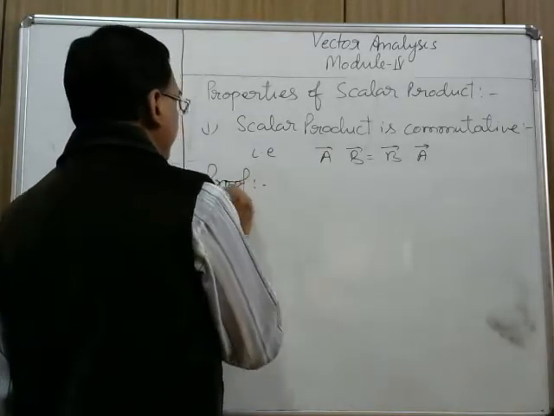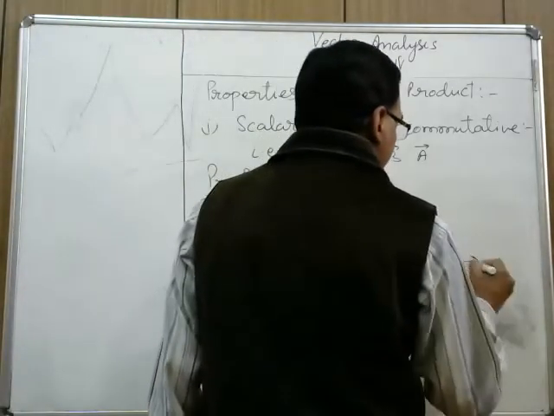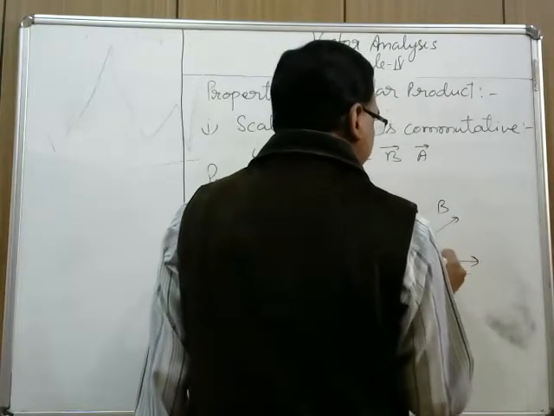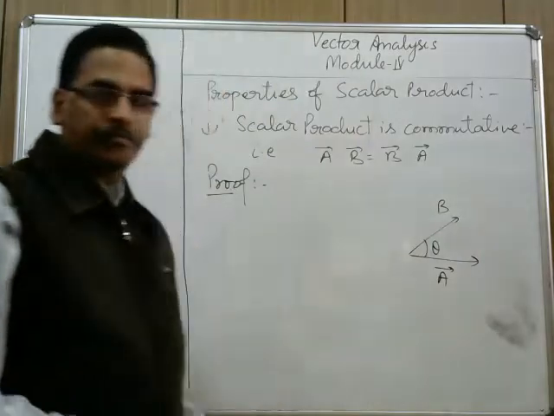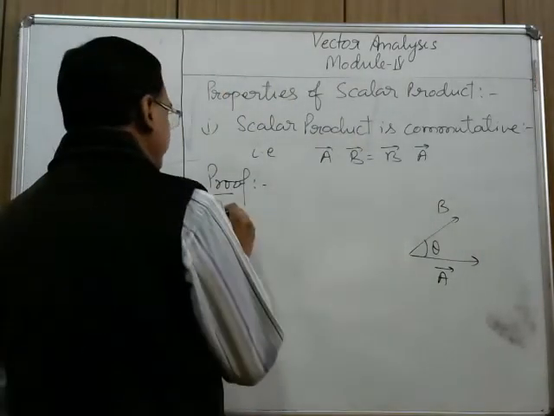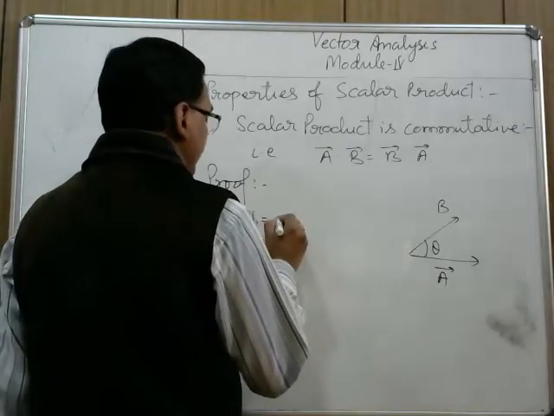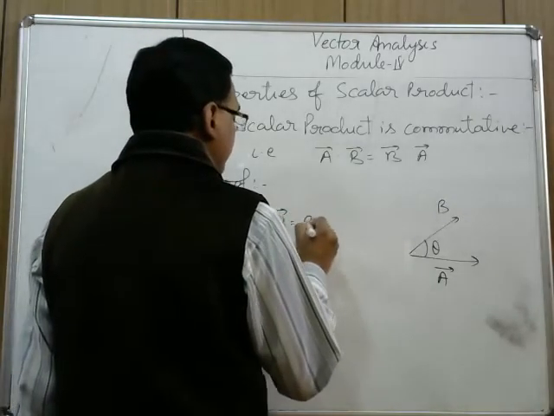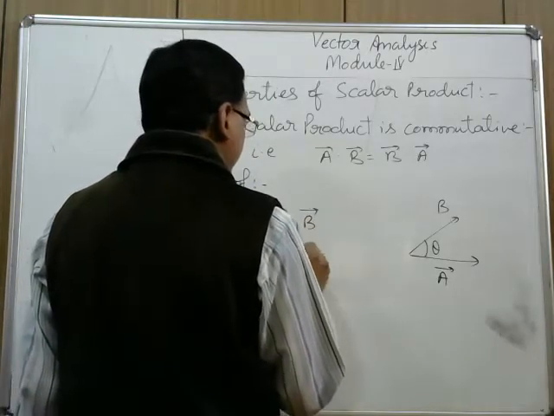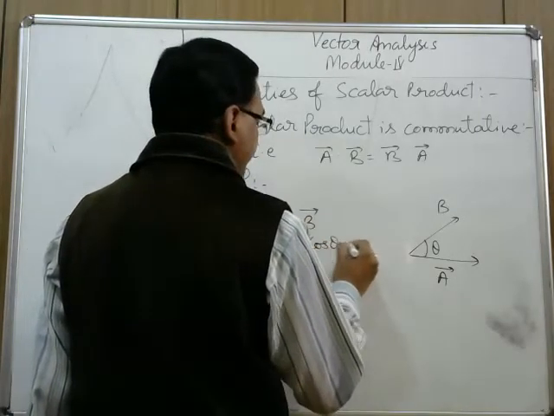Proof. Suppose this is vector A and this is vector B. Vector B is making an angle of theta with vector A. Then left hand side A dot B equals AB cos theta.